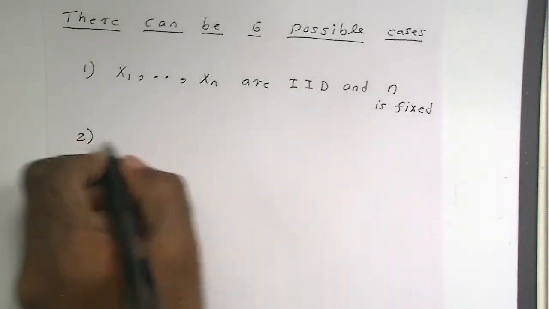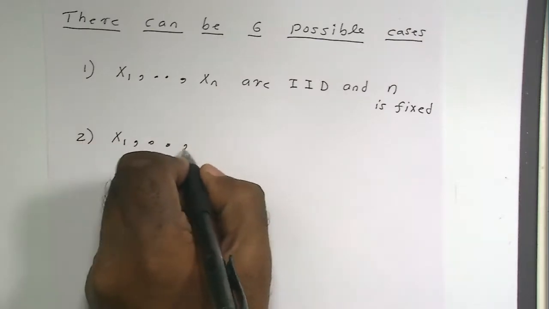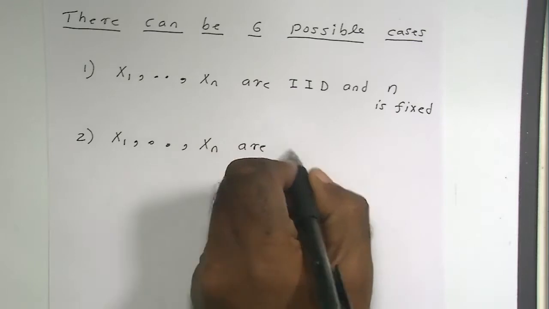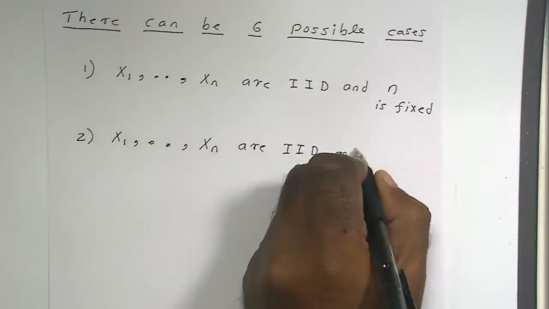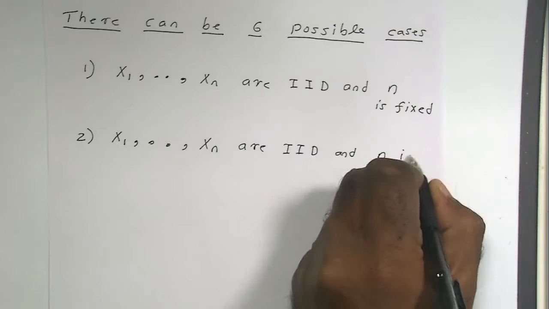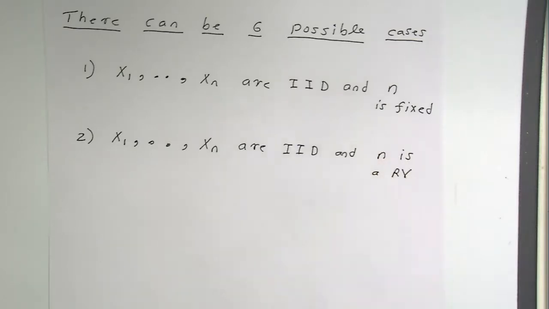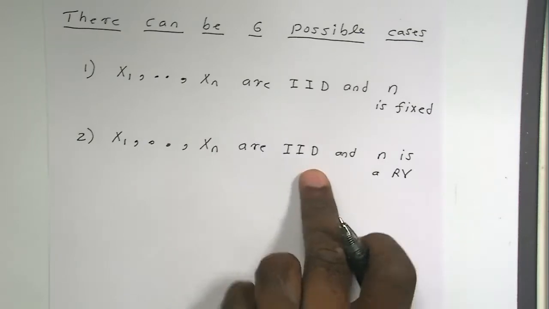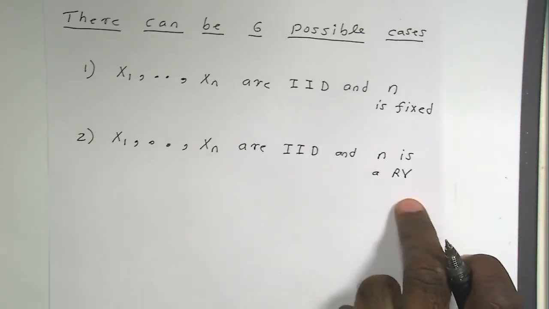Case 2, that the losses are independent and identically distributed, and n is itself a random variable, right?